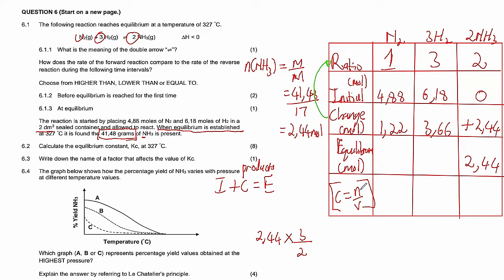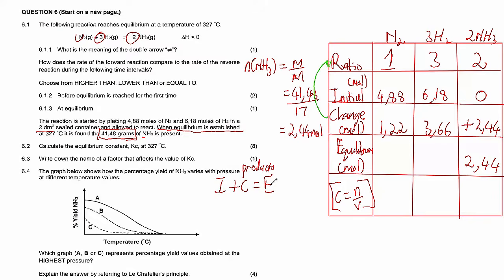Okay, so now this is what you need to note. Remember, I just told you that on the product side, if you want to find the number of moles at equilibrium, you say initial plus change is equal to E. But what if you are now on the reactants? Note that we have 2 reactants. Your nitrogen gas and your hydrogen gas are the reactants.